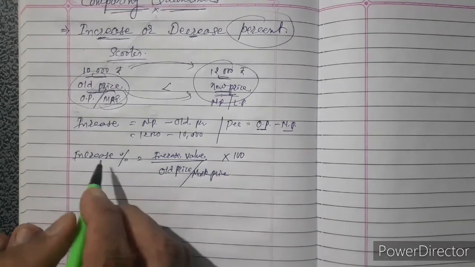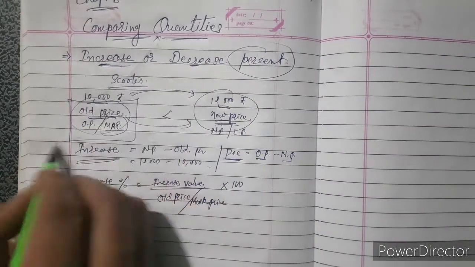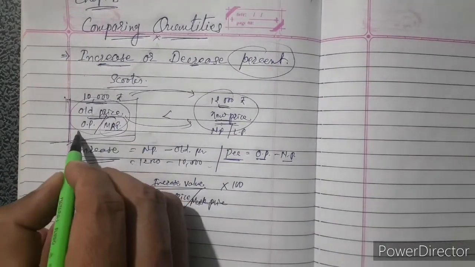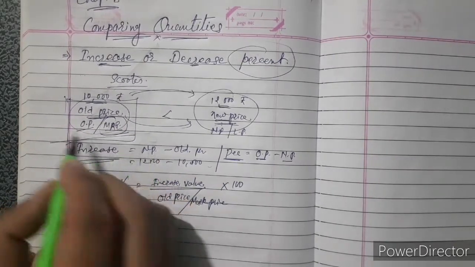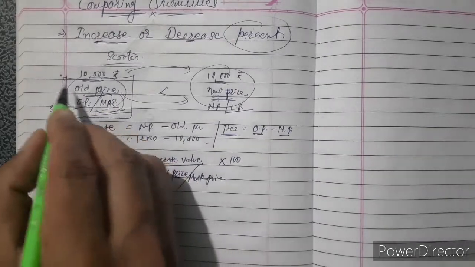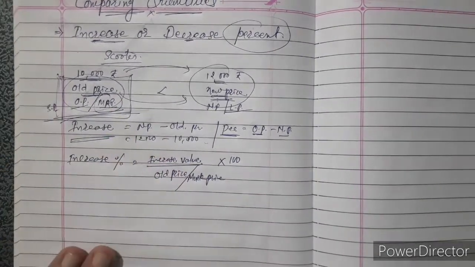Means the increasing or decreasing value is always calculated on the older price, means the starting price. That is old price, MP, otherwise starting price, and this one is the last price. So it is always calculated on the base of the starting price.